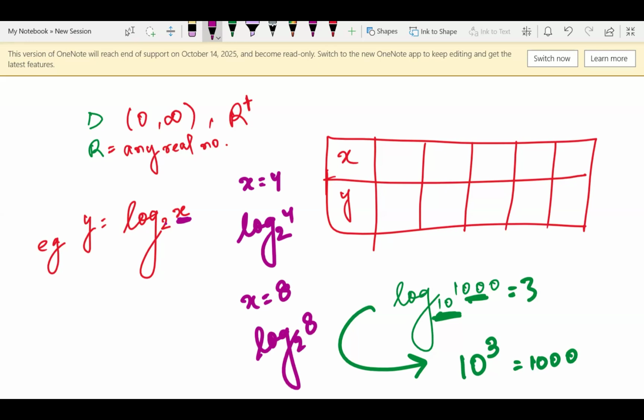Yes. फिर मैंने 1/2 भी लिया। Here if you will write it like this, log... अब यहाँ पे हम ऐसे सोच रहे हैं कि 2 के एक्सपोनेंट में क्या ले लें कि 1/2 बन जाए, तो -1, हाँ या ना?